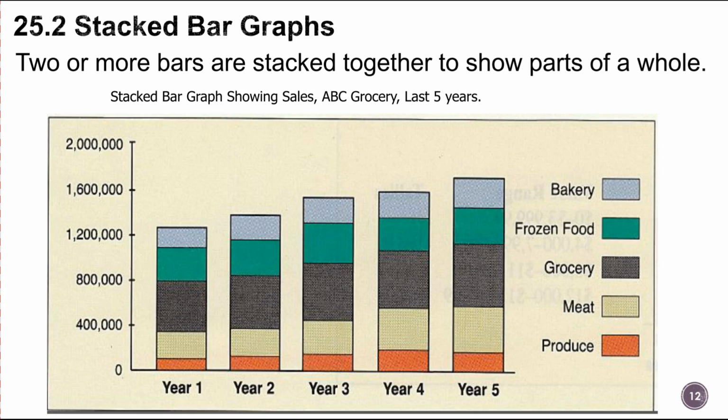We have a bar for the grocery sales, but then it's split into the types of groceries, and you can see that most of them are all rising a little bit, although in the green it went up some and then down, so frozen food and then bakery. This one just shows a lot of data in each bar. So that is a special kind of bar graph that you might see.